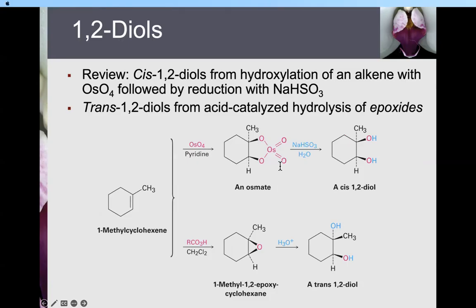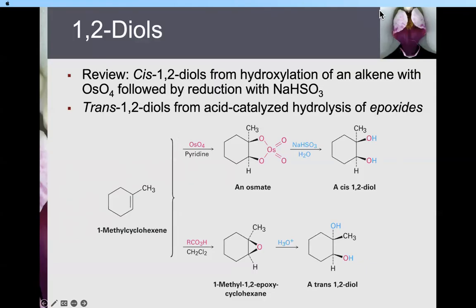Okay, 1,2-diols can also be prepared first by direct hydroxylation of an alkene with osmium tetroxide, followed by reduction via NaHSO3, or by acid catalyzed hydrolysis of the epoxide group.